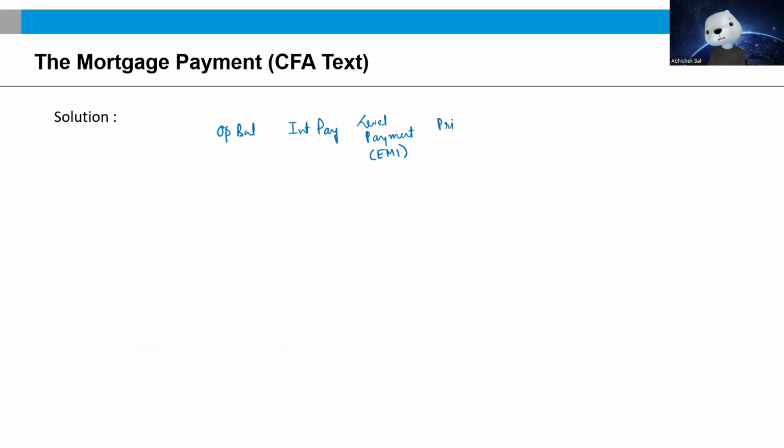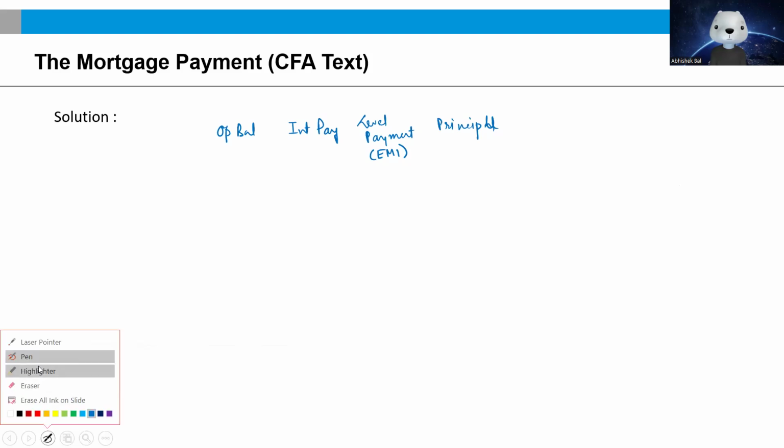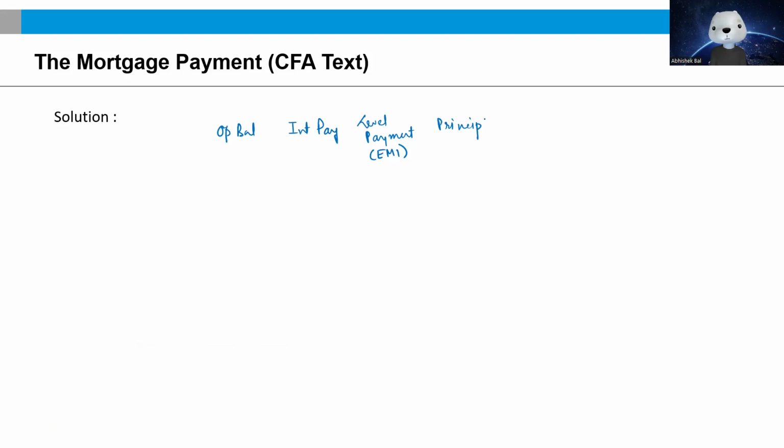So of course, let's segregate those cash flows. Principal repayment and the ending balance. Okay.